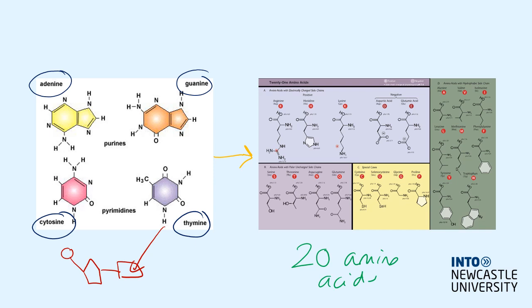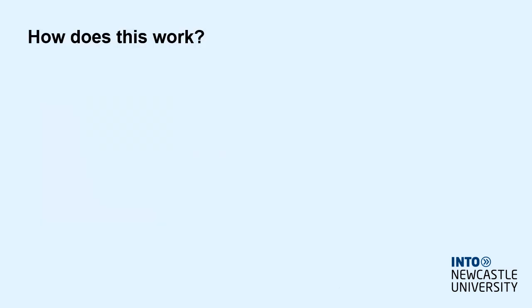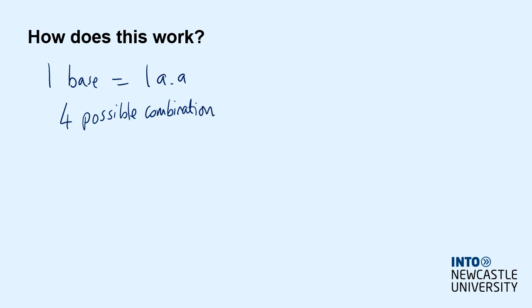And a problem scientists were working out was how this could possibly work. So the way they were thinking, you could say that one base equals one amino acid. Now this would only give you 4 possible combinations. So you could only code for 4 different amino acids. So that's not going to work.